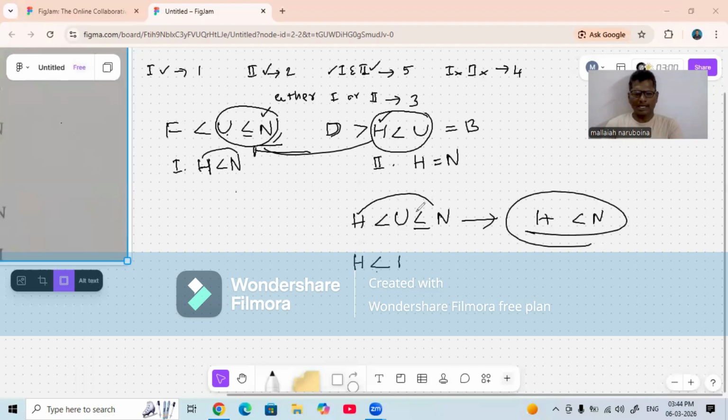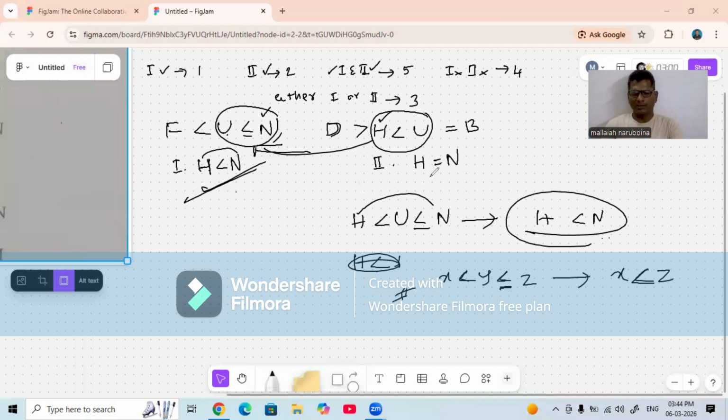H < N I got. If you do not understand this condition, just compare with X ≤ Y ≤ Z. In that case, X ≤ Z. I told you this condition. If you have less than symbol or equal symbol, we get only less than symbol. So first one is valid.